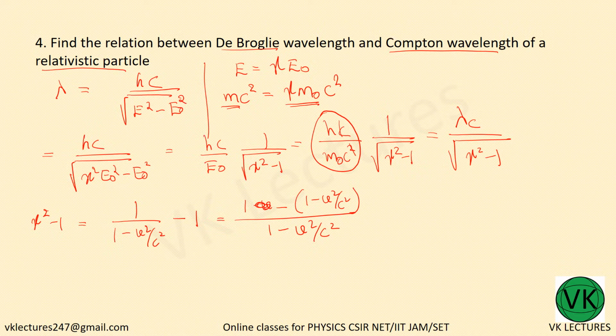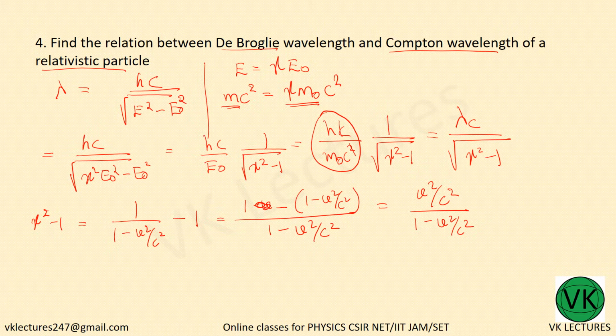So 1 minus 1 is 0, minus of minus is plus, so that is equal to v square by c square divided by 1 minus v square by c square. So this is gamma square minus 1.